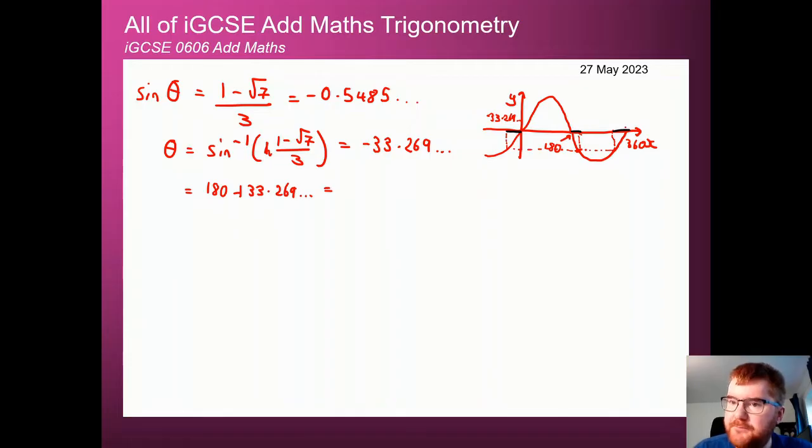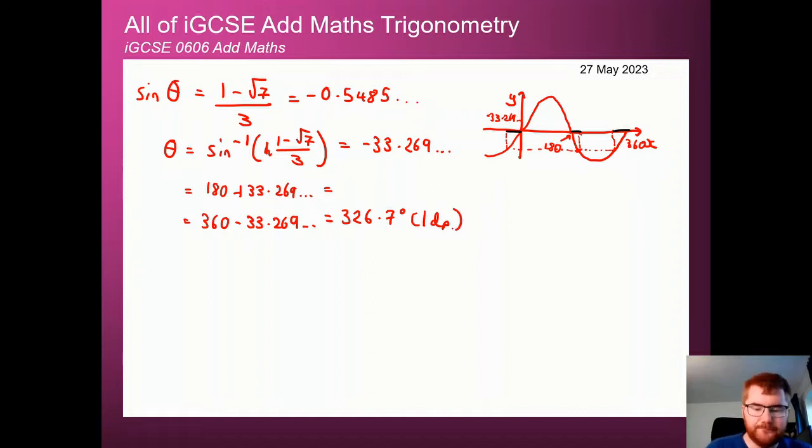And to work out this one, we want to do 360 minus that black area, so 360 minus 33.269 dot dot dot. So if we pop this in, let's do the bottom one first. That gives us 326.7 degrees to one decimal place.